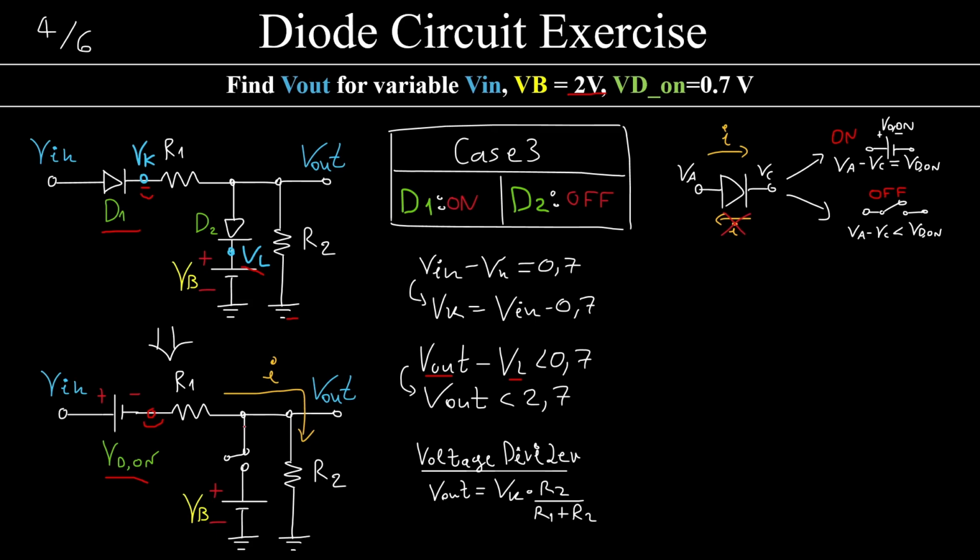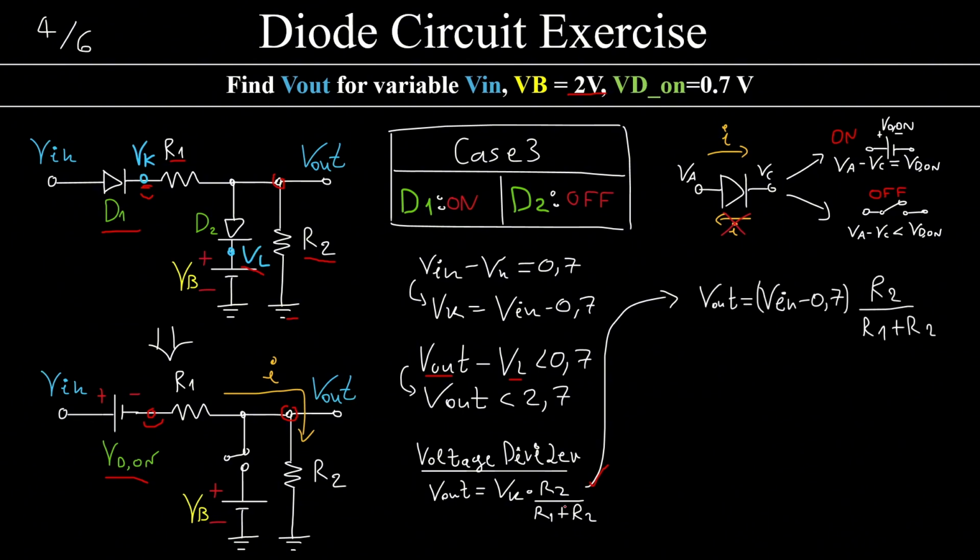That would mean that the voltage here, Vout, must be equal to Vk times R2, the resistor tied between this point and the ground, over the total resistance, R1 plus R2. Hope it is clear. This is basic circuit theory.